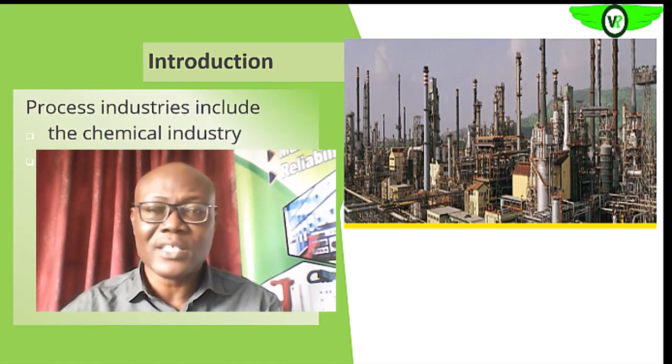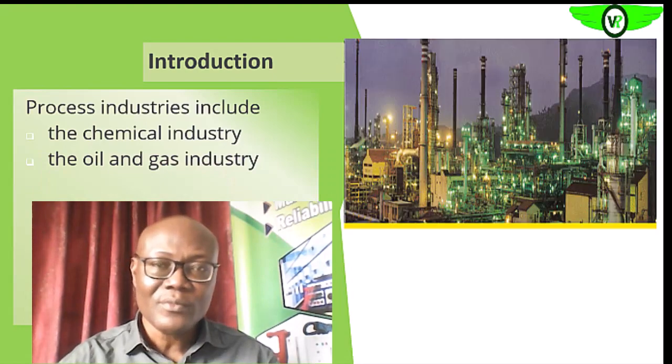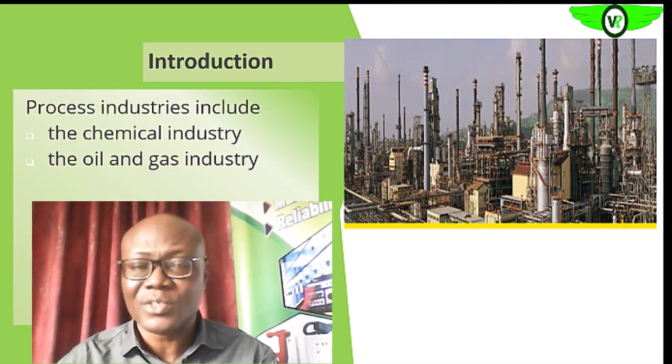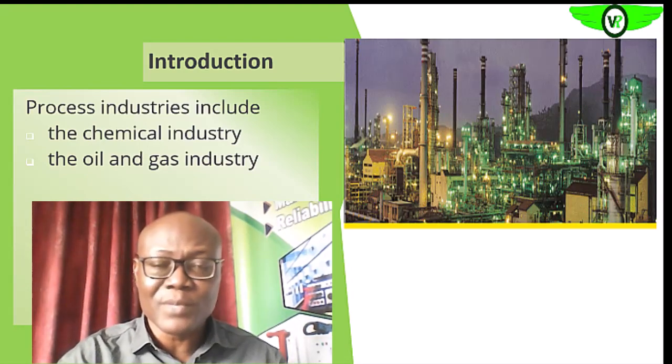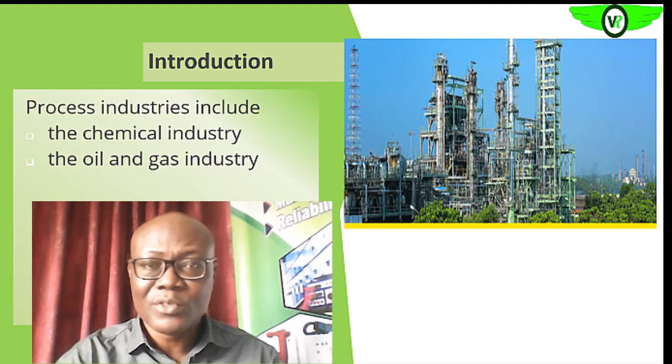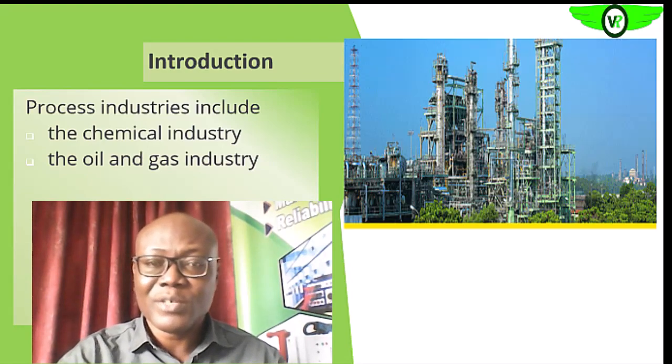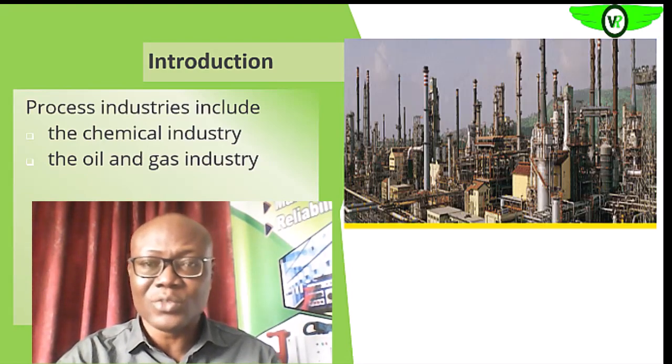So the oil and gas industry, as is well known, is made up of the upstream, midstream, and downstream. The production aspect, which is the upstream, is where the petroleum is actually produced or mined, so to say.